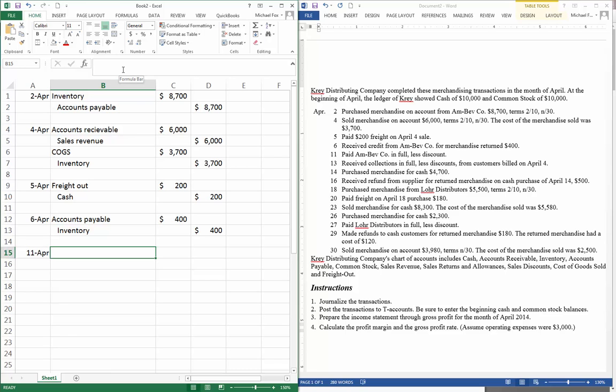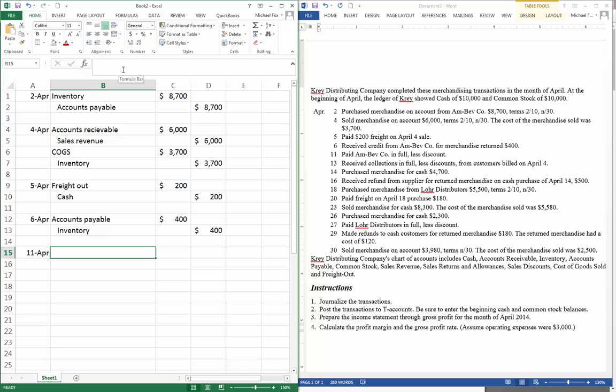So we have to figure out how much the discount is. Let's think about it a little bit. When we purchased it, it was $8,700 worth of stuff. Then we reduced that by $400. So the net amount we owed them was $8,700 minus the $400 after the credit from April 6th.